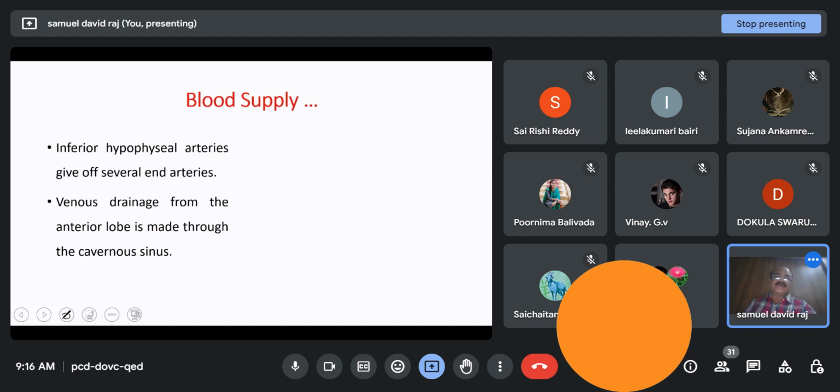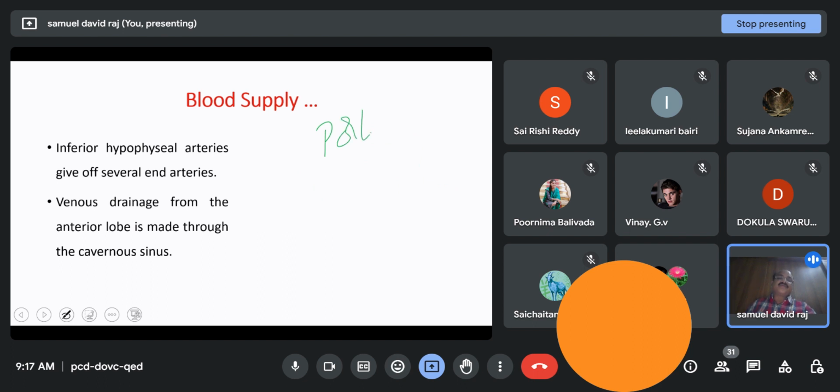So when we come across circulation, there are types of circulations: lymphatic circulation, blood circulation, and portal circulation. Portal circulation is part of blood circulation only. What is portal circulation?